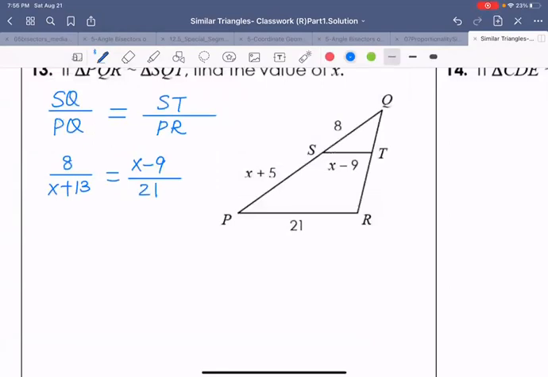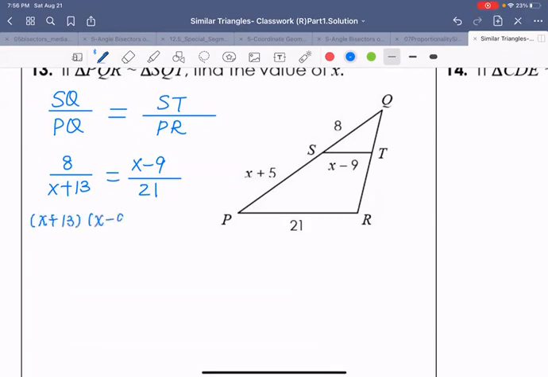For the 8, you can simplify that with the 4 to get 2. You want to simplify this with who? Oh, okay. No, actually, nothing. So 168 equals, let's first do this, okay?